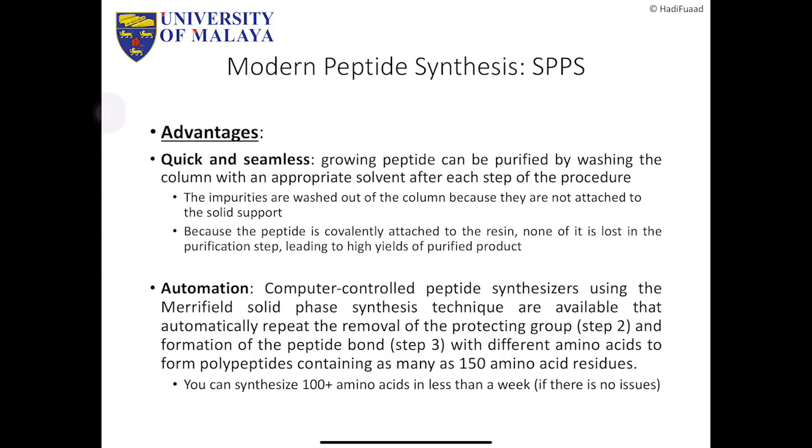SPS. And the second thing is, because the step in growing the peptide chain is a repetition, you can always do an automation, so you can always build a system that can do these steps again and again. So towards the end of the day, you can synthesize more than 100 amino acids in less than a week.